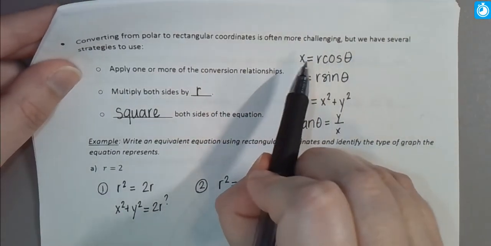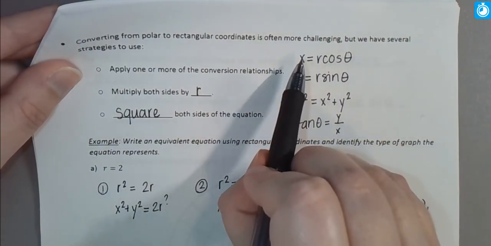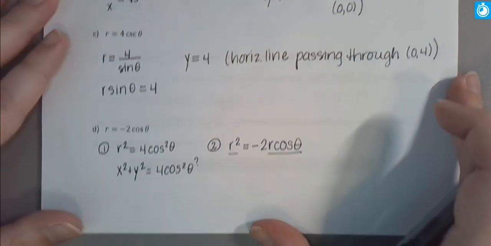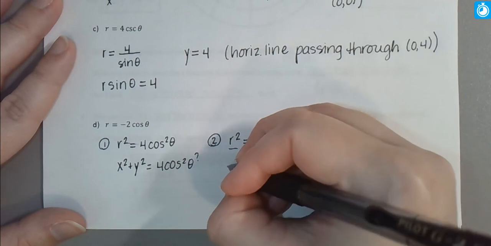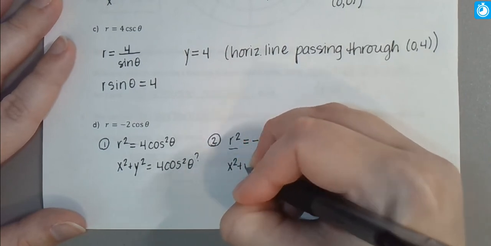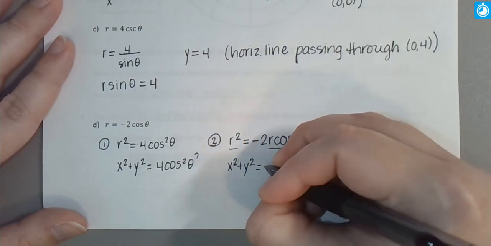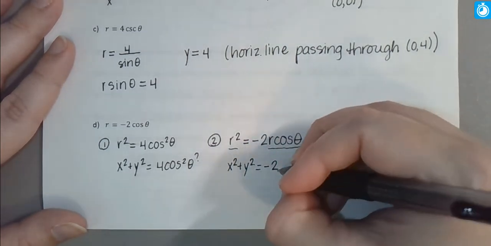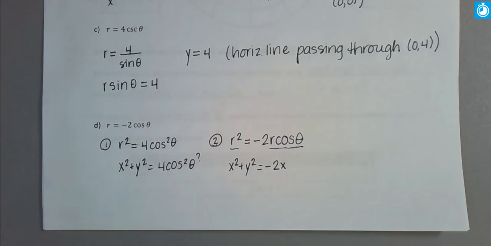That generates the form that we need in order to be able to substitute an x in place of that r cosine theta. So now we're going to do our substitutions. So this is going to be x squared plus y squared is equal to -2 times r cosine theta, which is x.